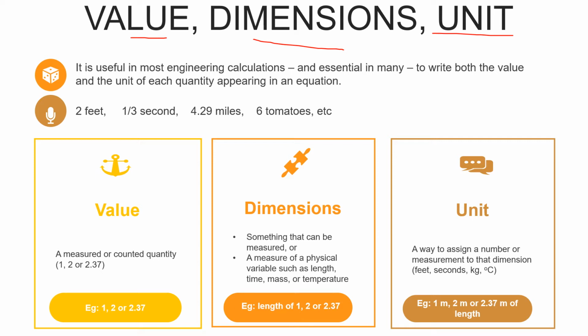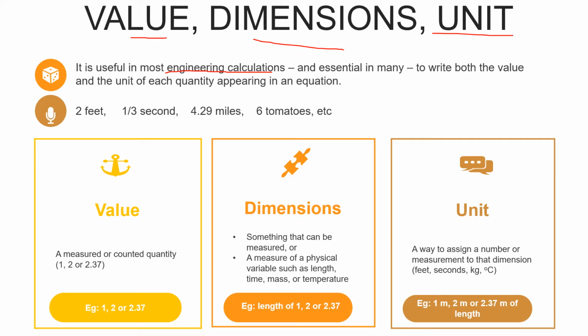Okay, dalam semua courses sebenarnya awak akan apply these three things. This is the basic in the chemical engineering. Okay, so it is useful in most engineering calculation. Okay, most of engineering calculation memang akan melibatkan value, dimension and unit.